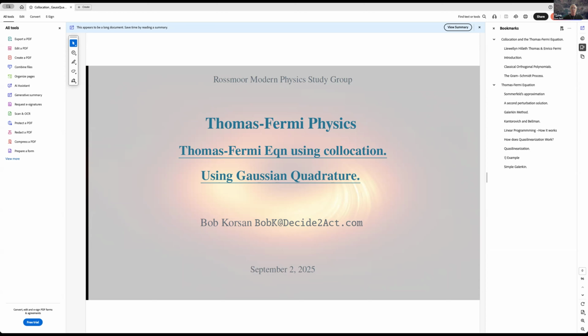We're at the very beginning of your presentation. That's what we're looking at, the first slide. You should not see that. We're seeing just that Thomas Fermi physics first slide. That's very weird, right? Let's go back there. Can you see the contents? Well, off to the left, I'm not sure which screen you're sharing right now, because again, it's the very first slide. Off to the left looks like all tools. That's the screen we're looking at.